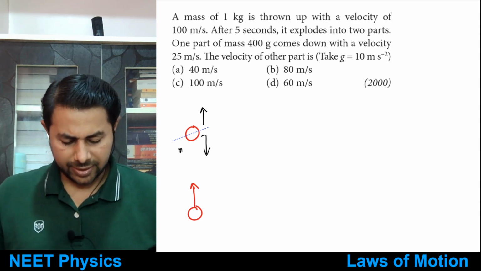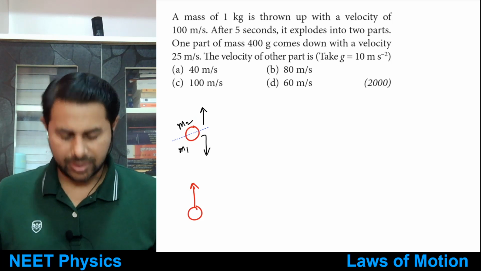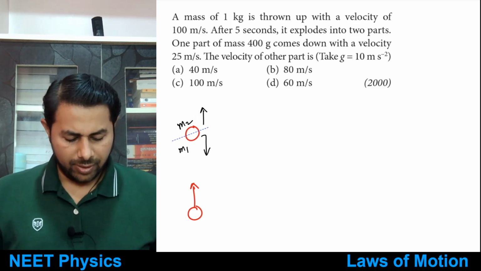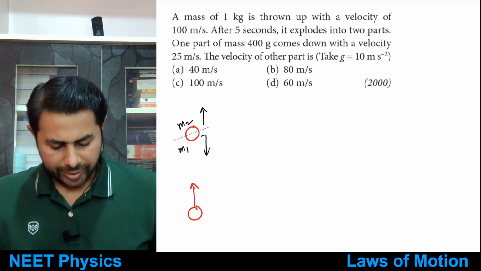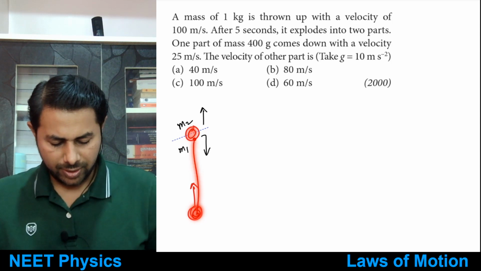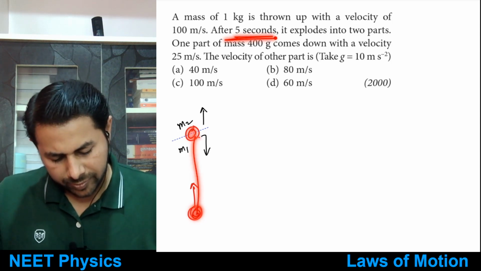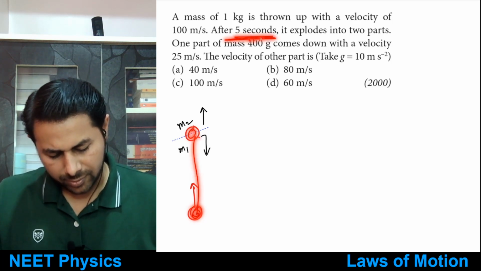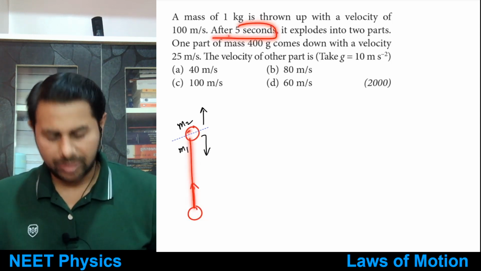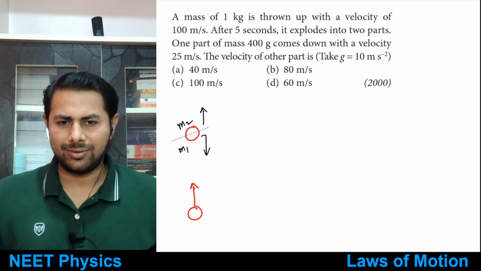So let's say this is m1, this other one is m2. So we need to calculate the momentum of this ball after 5 seconds, right?